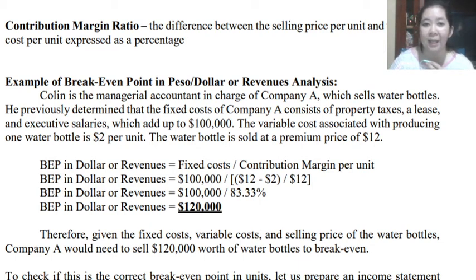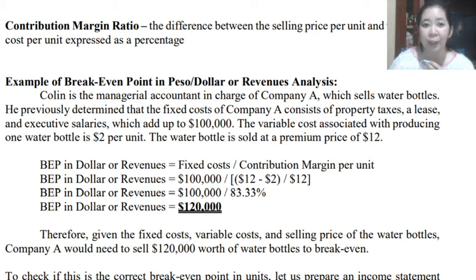So again, 100,000 divided by 83.33%. So the break-even point in terms of revenue is 120,000. Meaning this is the level of sales revenue that the entity should meet in order for them to break even.